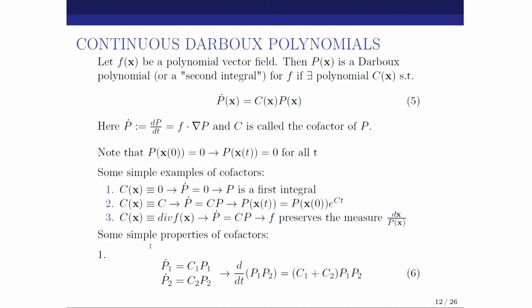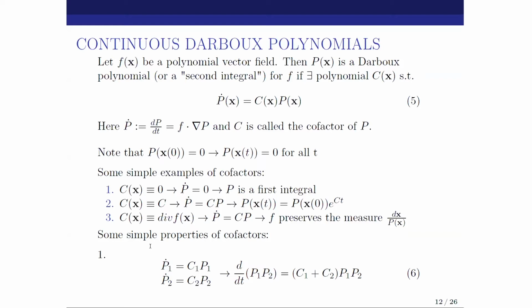Okay, so this is a little bit of a full slide. So we are given a polynomial vector field, then P of x is a double polynomial, and there are also lots of other names for double polynomials: second integral, weak integral, special integral.